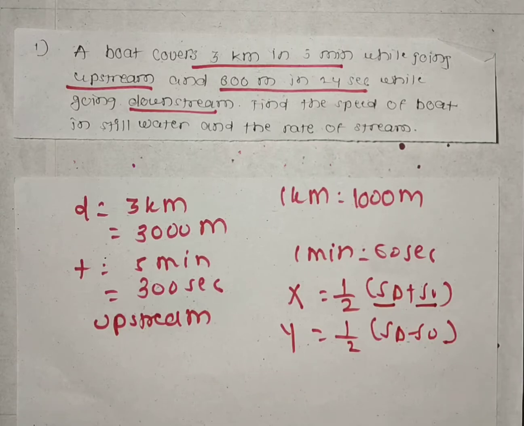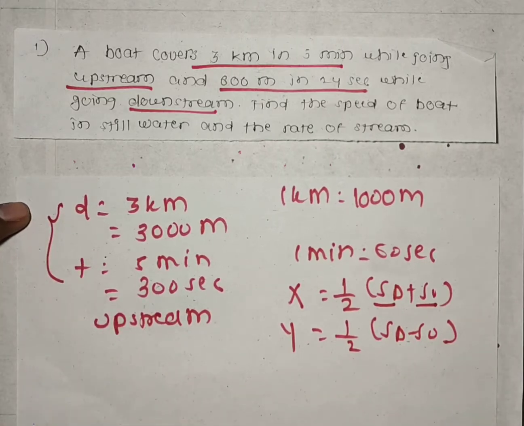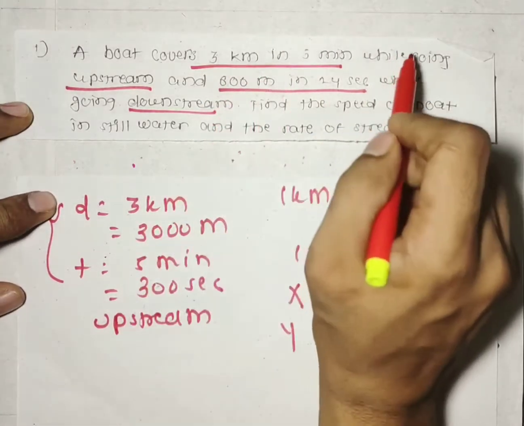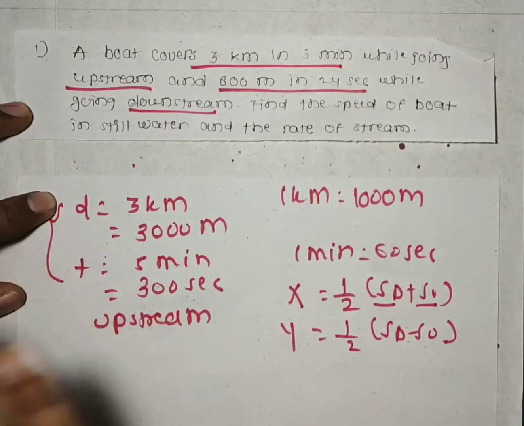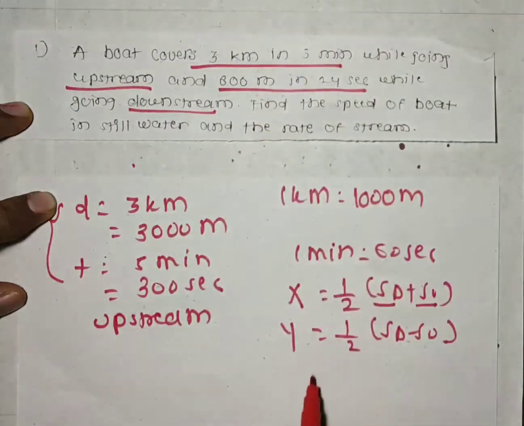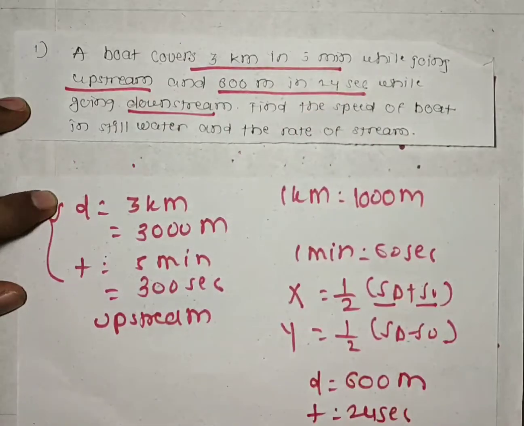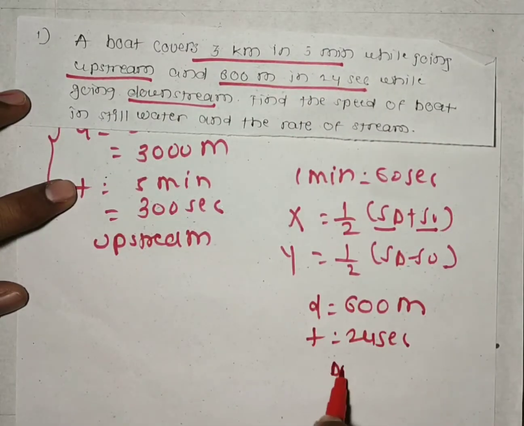For that, these terms are given. The second part of the question: 600 meters is again the distance, in 24 seconds, so time is also given, while going downstream.